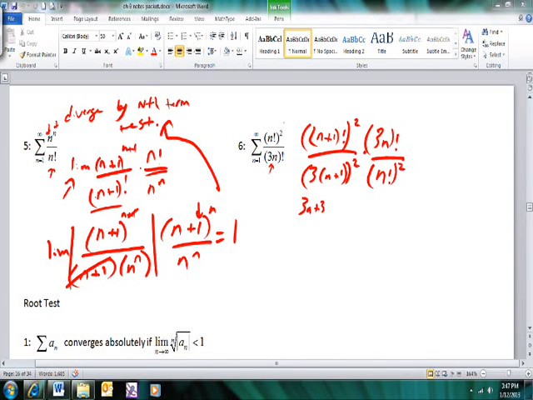I'm missing a factorial here; I squared it instead of putting the factorial. There we go. This is 3n plus 3 factorial, which would be (3n plus 3) times (3n plus 2) times (3n plus 1) times 3n factorial. All right, there we go. The 3n factorial cancels out. So this is what we have on the bottom.